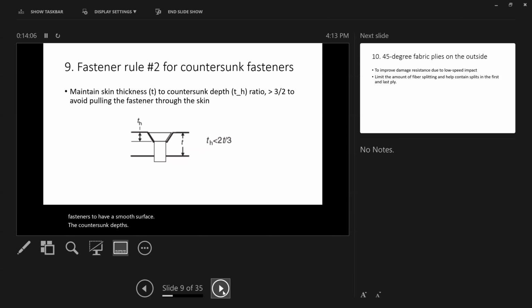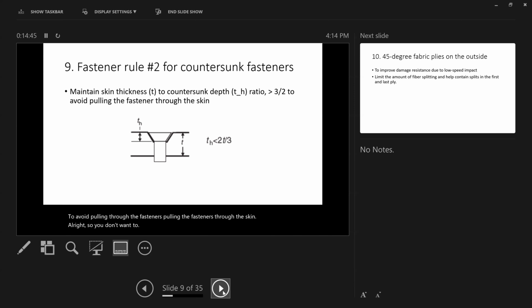You basically want the ratio of total skin thickness to countersunk depth to be greater than 1.5, to avoid pulling the fasteners through the skin.